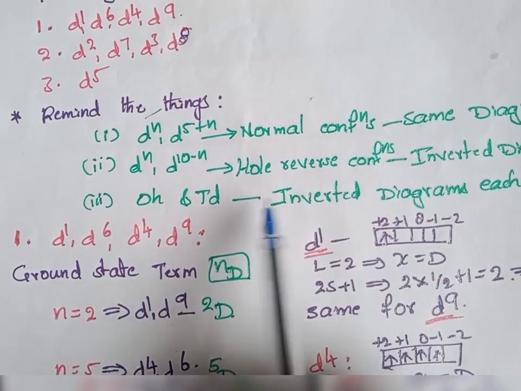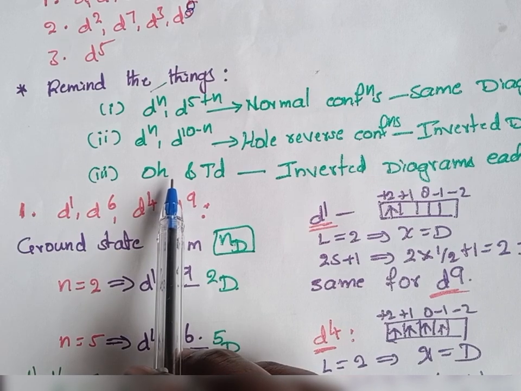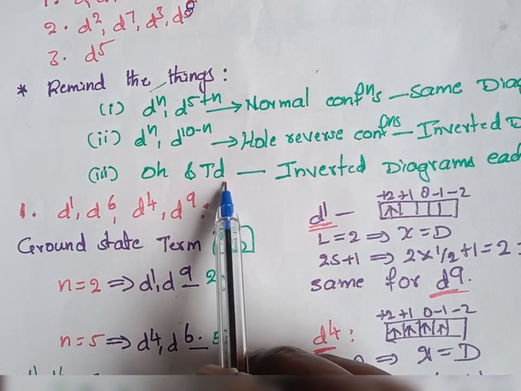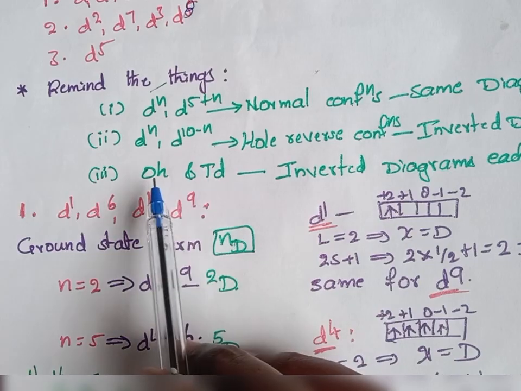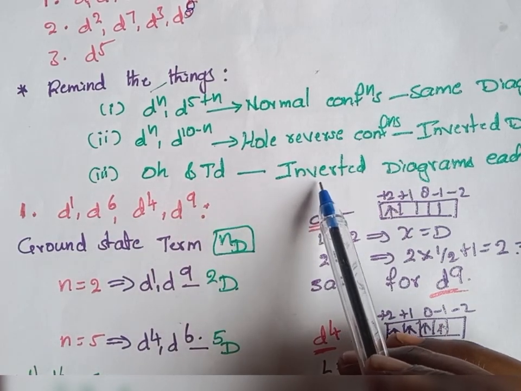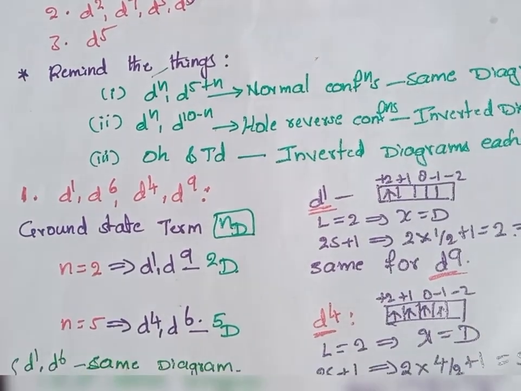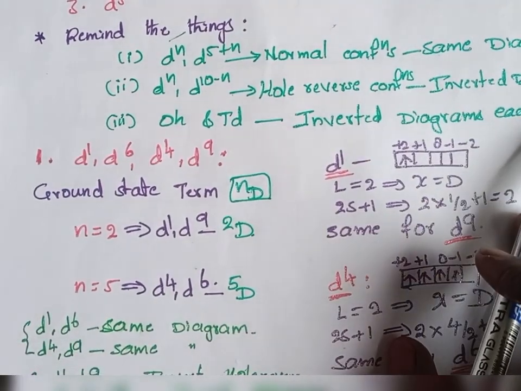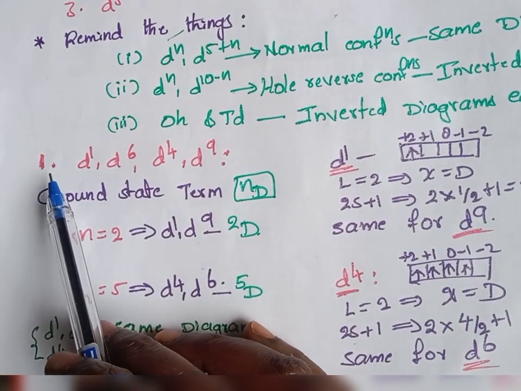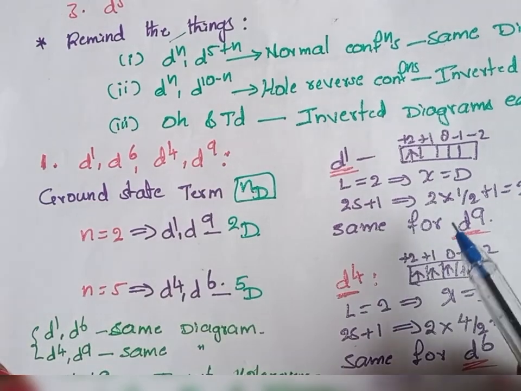And the third point is, as we know from coordination chemistry crystal field theory, in octahedral and tetrahedral crystal fields, the splitting diagrams are inverted to each other, that is, reversed to each other. Right? So, first we'll construct the Orgel diagram for the first set: d1, d6, d4 and d9.